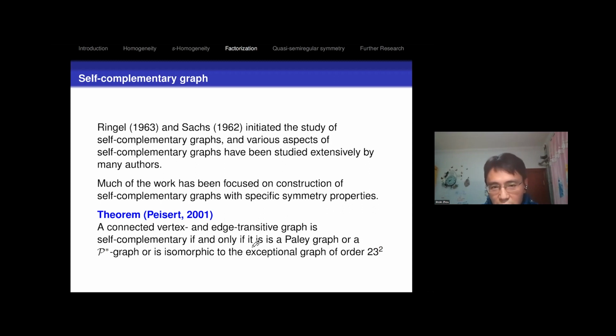Actually, we only have 2 infinite families: the Paley graph, or a graph with similar construction to the Paley graph, or a graph of order 2 to the power of something.